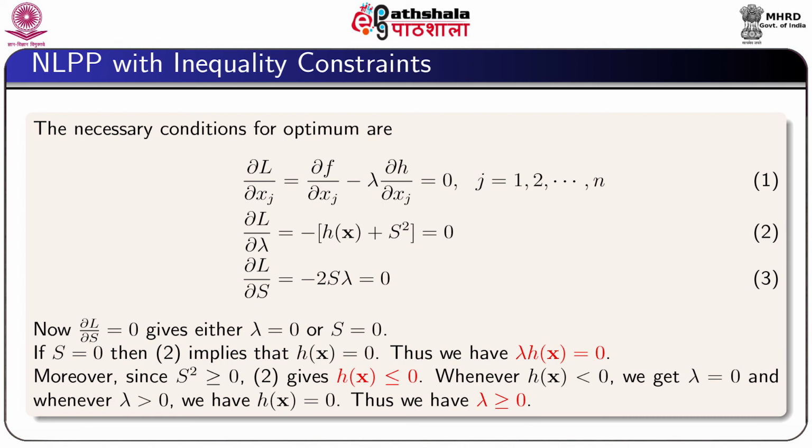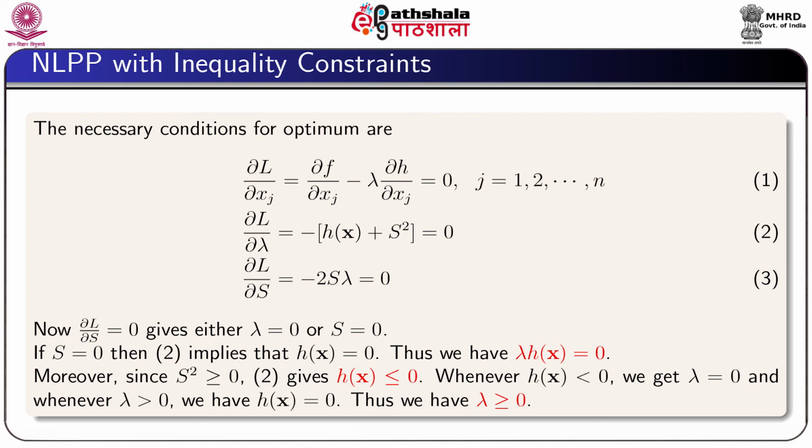Moreover, since s square is greater than equal to 0, therefore, from 2 we can write h(x) is less than equal to 0. Whenever h(x) is less than 0, we get lambda equal to 0, and whenever lambda is greater than 0, we have h(x) equal to 0.